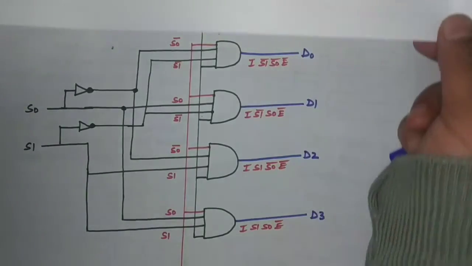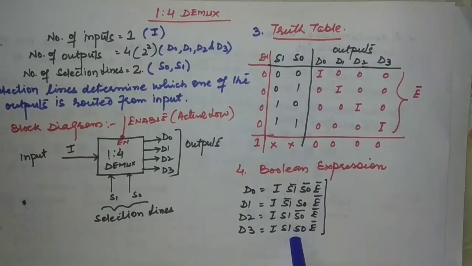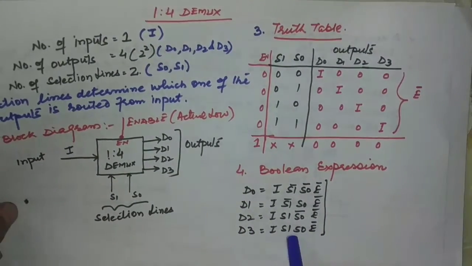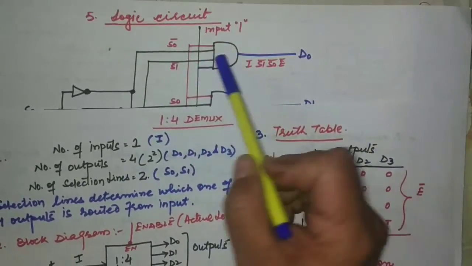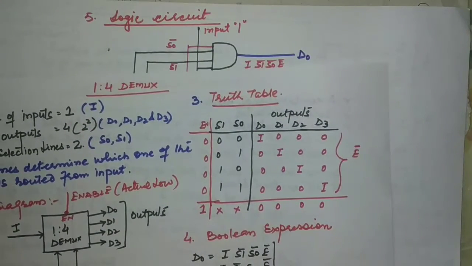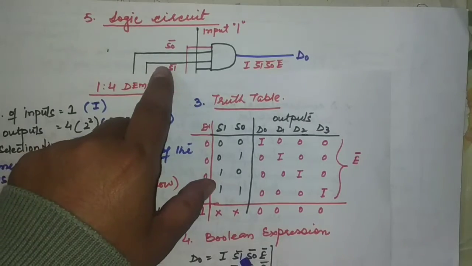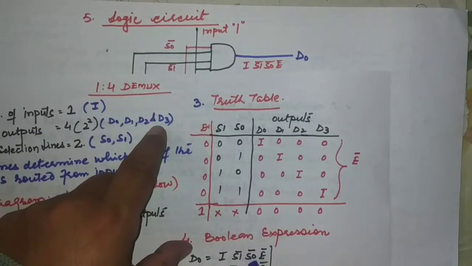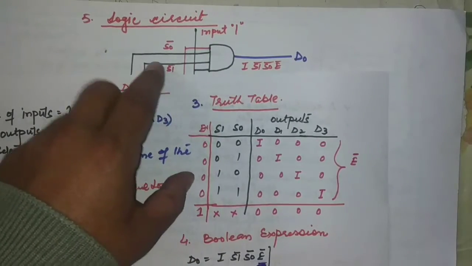We made all the connections by looking at the Boolean expressions. See, for D0: I is the input, S1 complement, S0 complement, and enable.